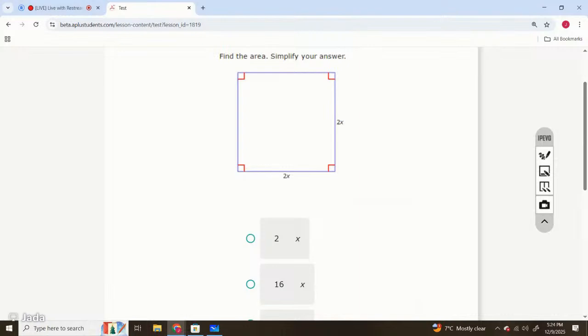Length times width. So that is a square. A square has all four sides equal in measurement. 2 times 2 is 4. So that would be 4x square. But we are not given the correct option, right?